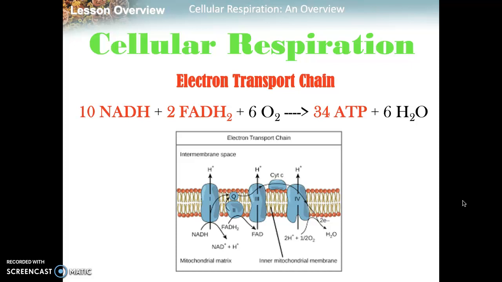And we get 2 from each FADH2, so that is 4 more for a total of 34 ATP. Then we get as a waste product 6 molecules of water. So the majority of our ATP is produced here in the electron transport chain, 34 ATP.